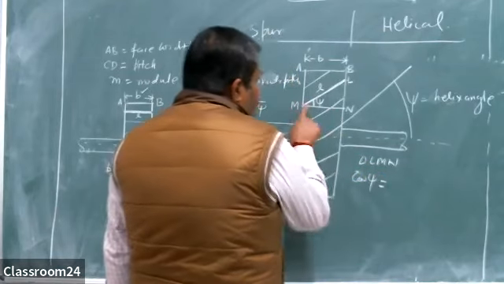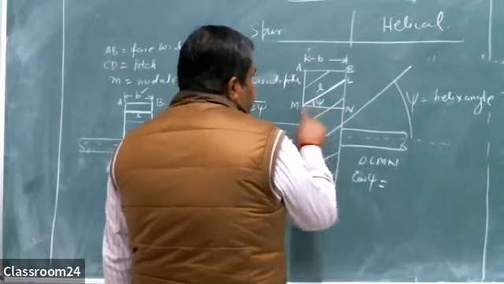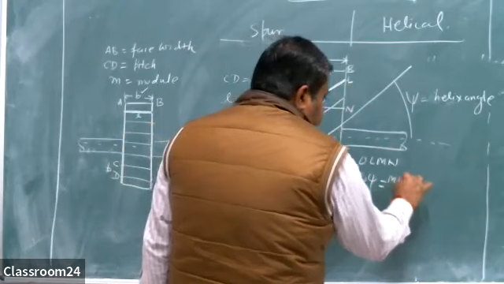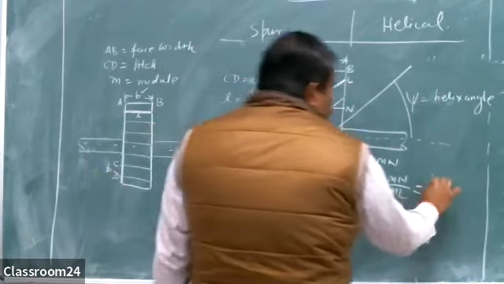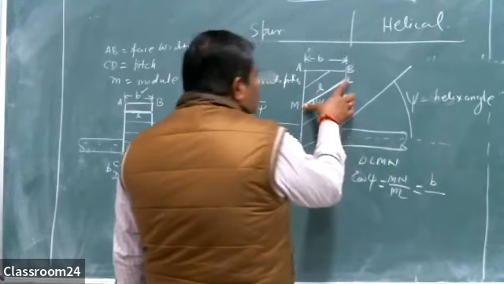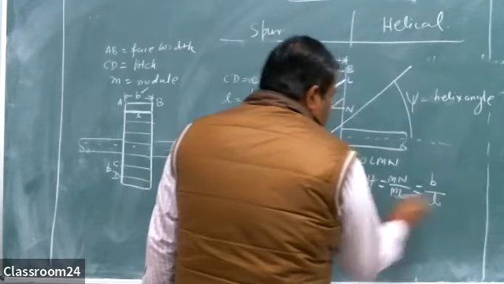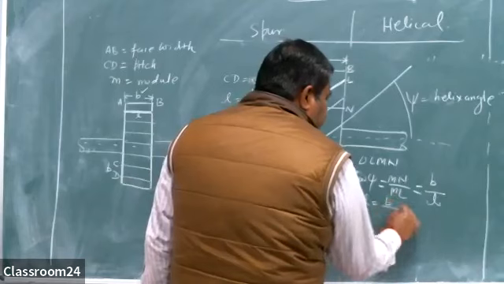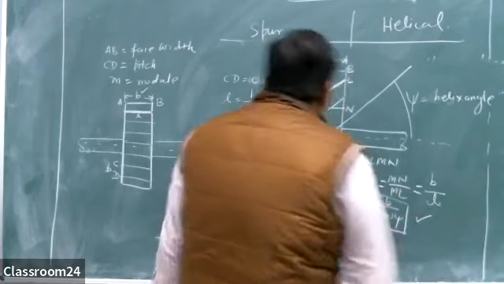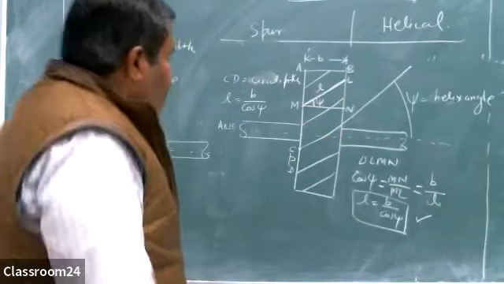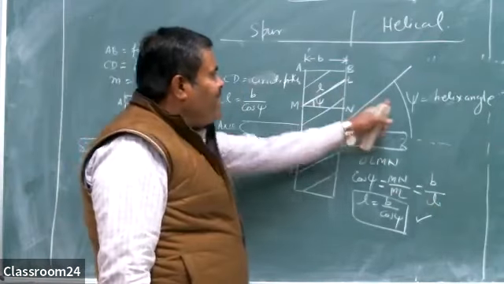So cos psi is base upon hypotenuse, so it is MN divided by ML. MN is equal to the face width b, and ML is L. So L can be given by b divided by cos psi. I think it is now clear. Simple trigonometry.